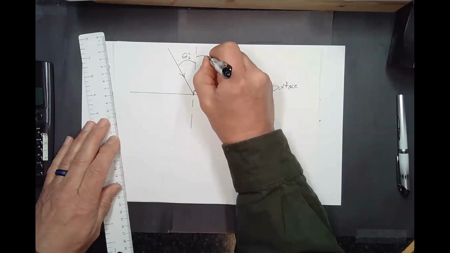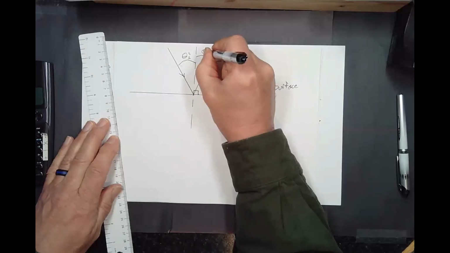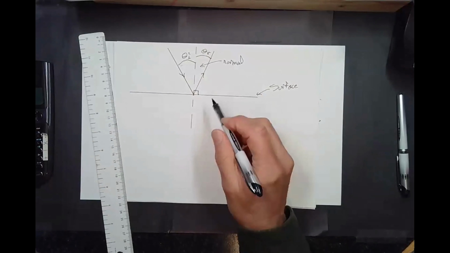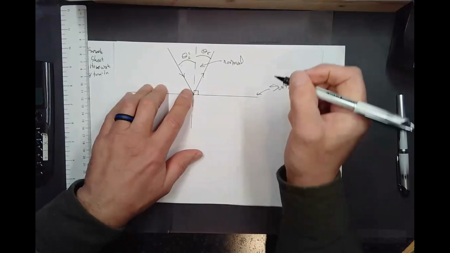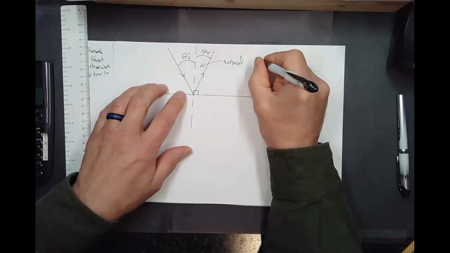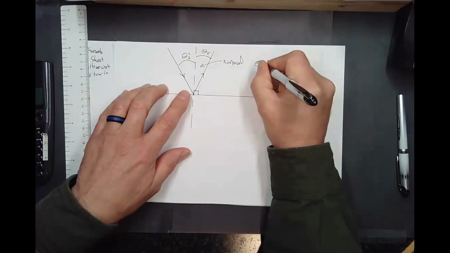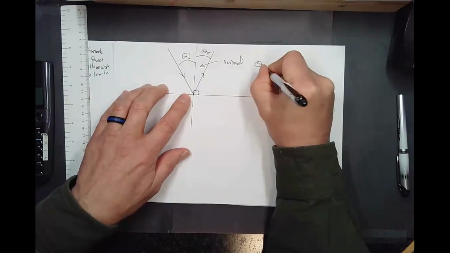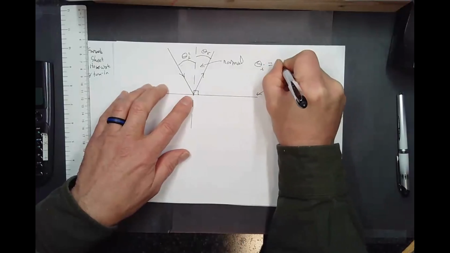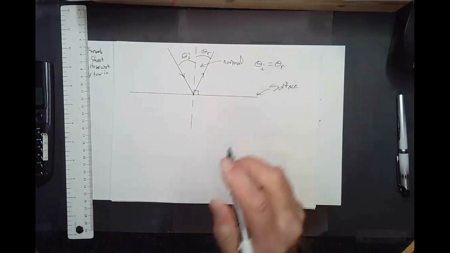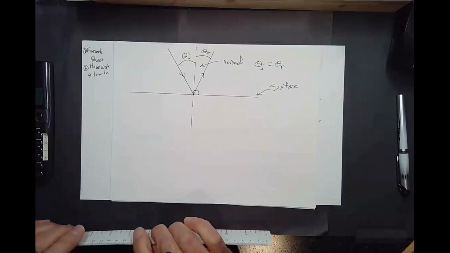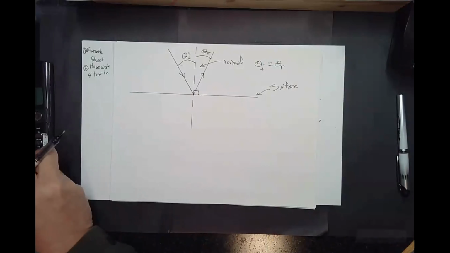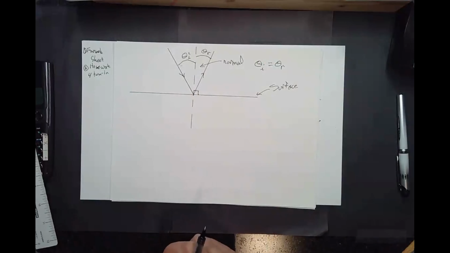And then this angle over here would be theta sub R, the angle of reflection. And in this case, something that's pretty well known is that when light strikes a surface and bounces off, the angle of incidence is equal to the angle of reflection. And so that's one of the very basic ideas in optics. So nothing terribly surprising about that.